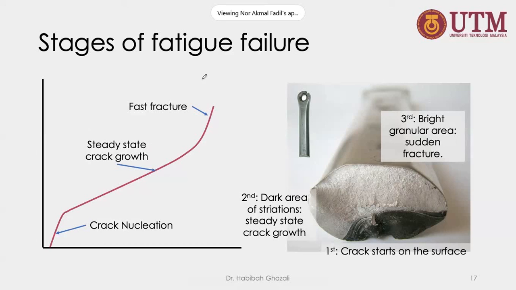Why bright? Because it experienced brittle fracture. If you find a fracture sample like this, where you can see an obvious beach line, like the wave marks on the beach, it means the metal failed because of fatigue. The bright region shows the brittle fracture. If you look at this, of course you can immediately identify it is because of fatigue.